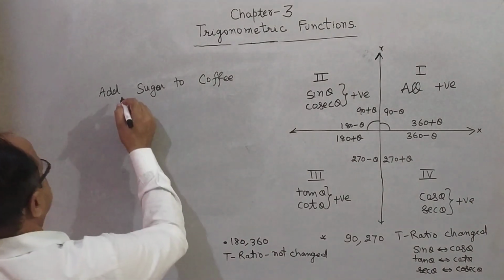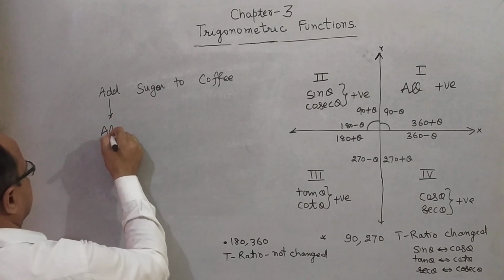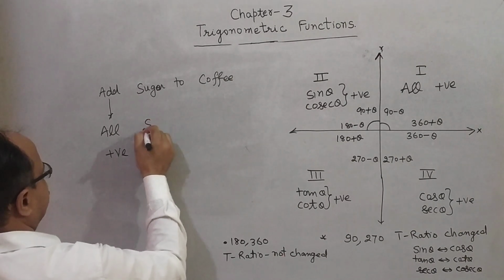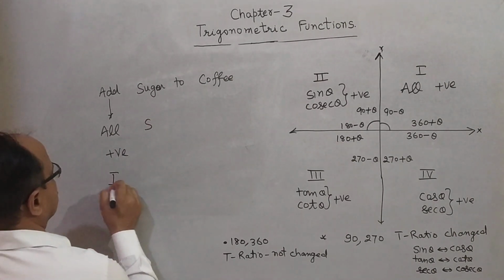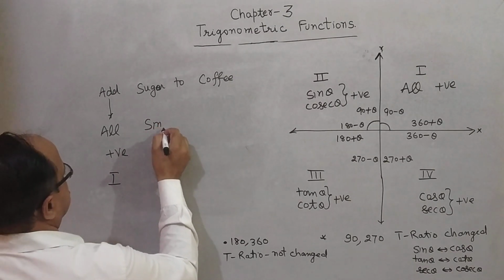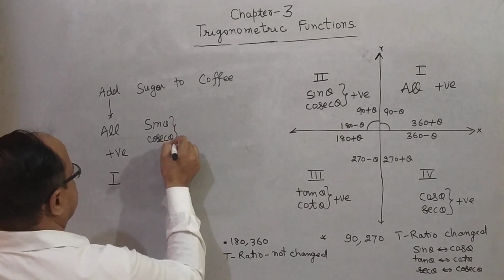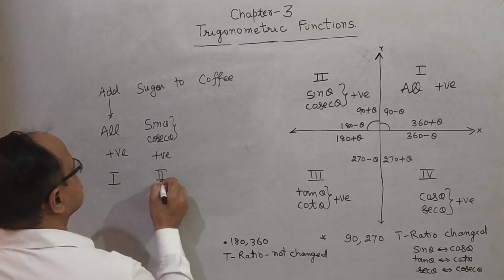Add sugar to coffee. A means all positive. Sugar starts from S, it means sine and cosec are positive, the cosec being the opposite of sine, and the others negative, in the second quadrant.